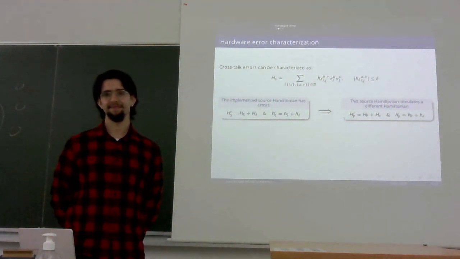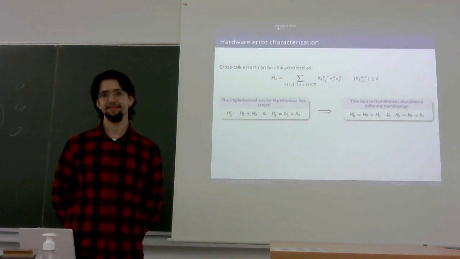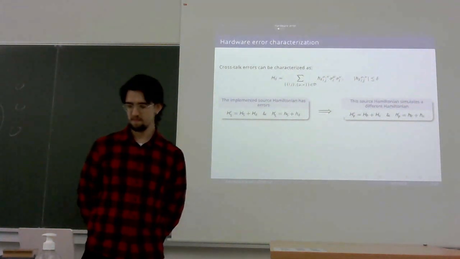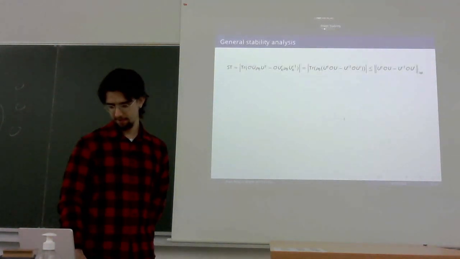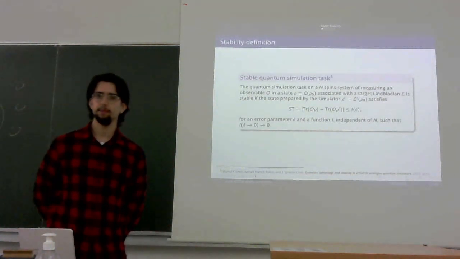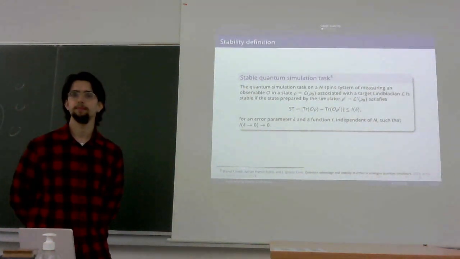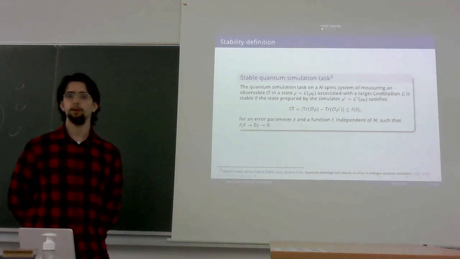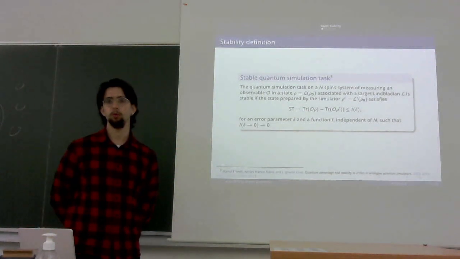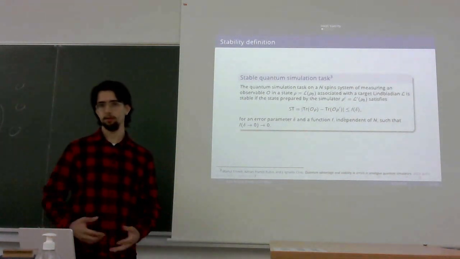Can you explain more or less what's the motivation of studying stability? Because you presented the definition from this paper from Chirac and so on. So what's the motivation of extending this to digital analog? I would say the motivation is ensuring that we can extend digital analog to bigger systems.